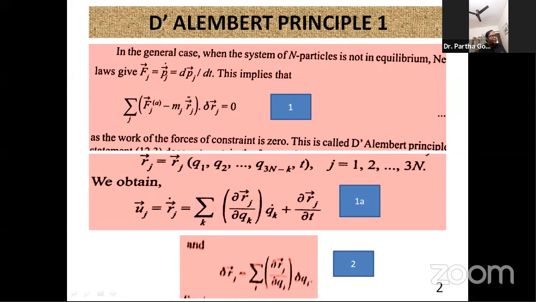So Kritika says, is there a practical world application of the principle of virtual work? The principle of virtual work will lead me to, just now I will show, the Euler Lagrange equation.